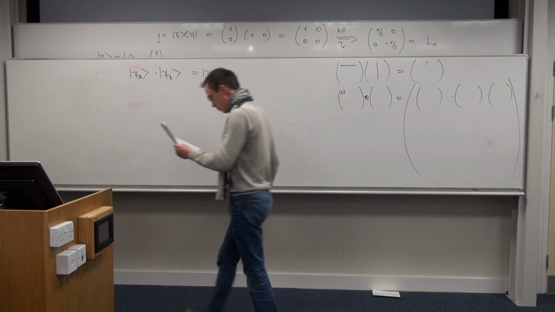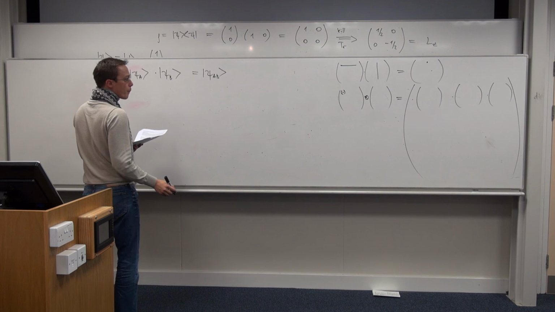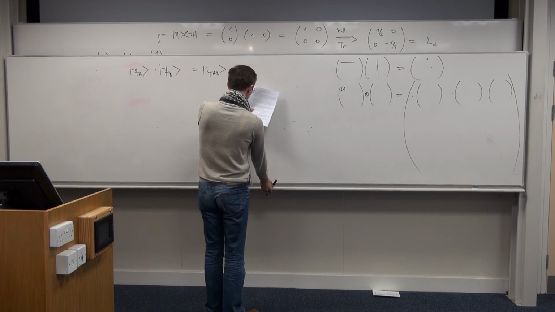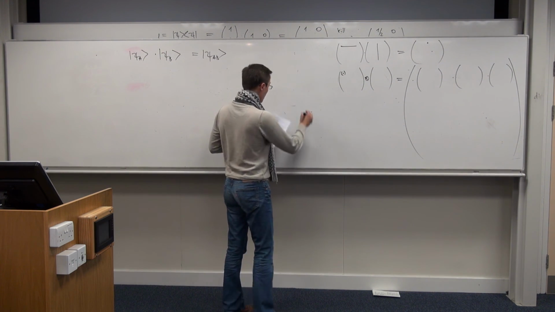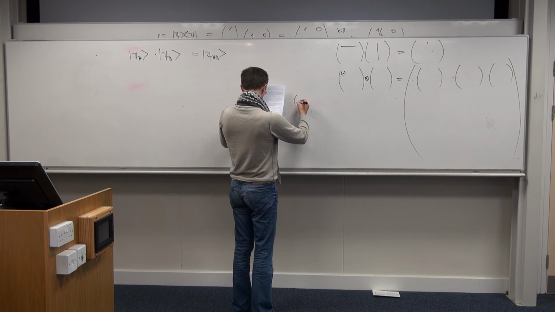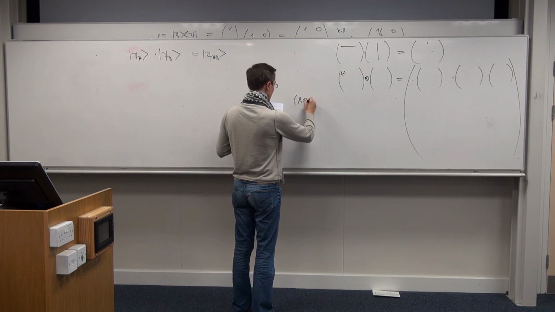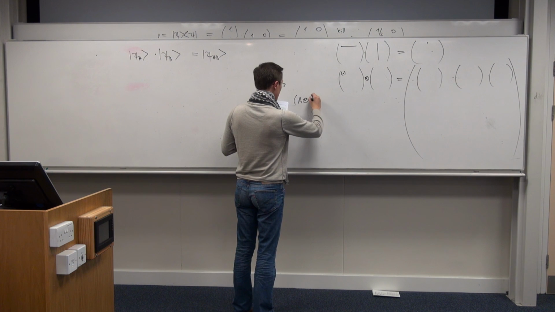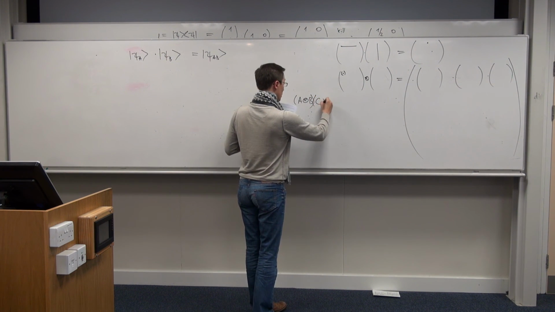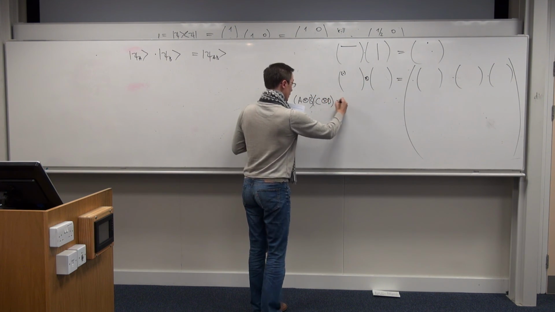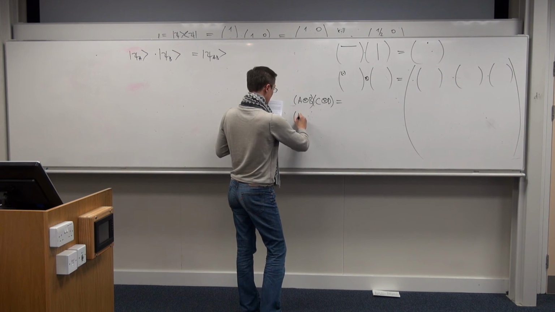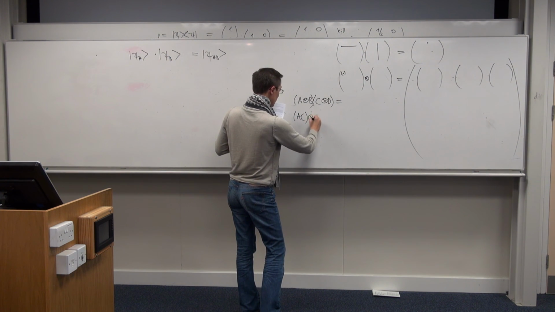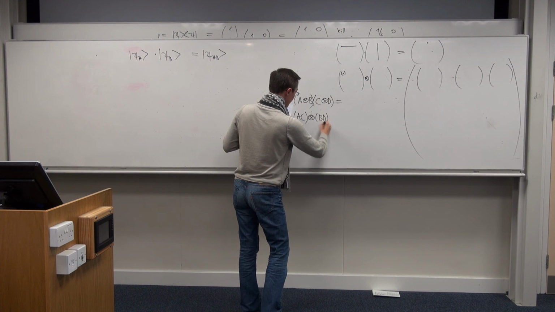And let's now write a few relations between them. You can prove it. I will not do it on the board. This is a magnetic resonance course after all, not an algebra course. A cross B times C cross D is in fact equal to AC cross BD.